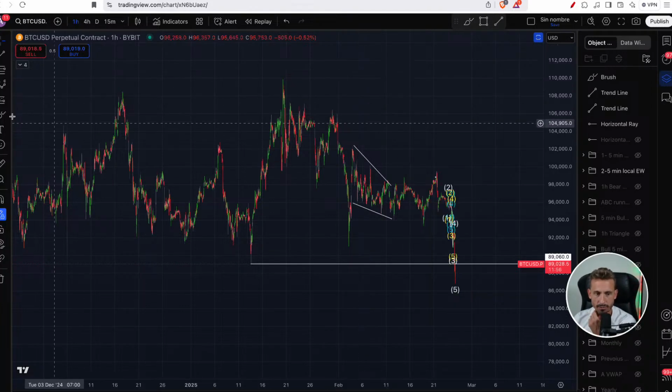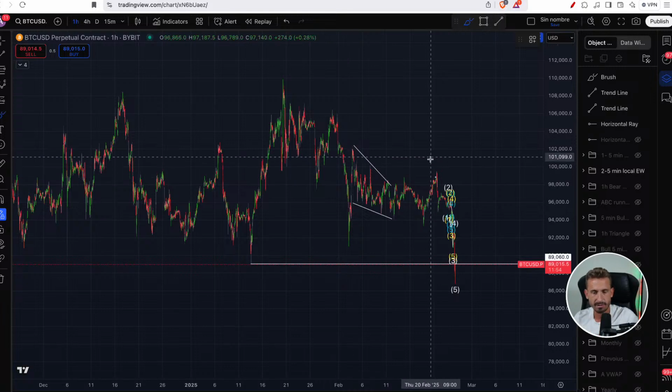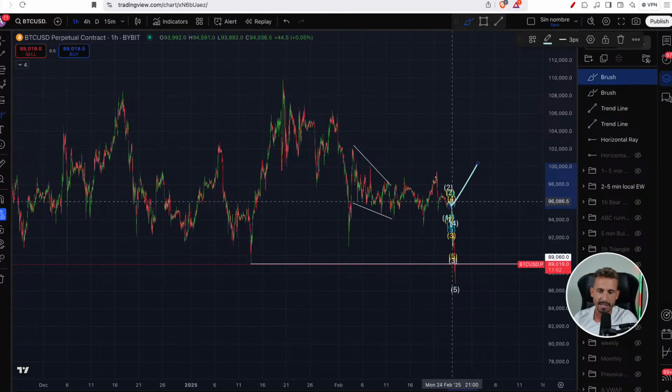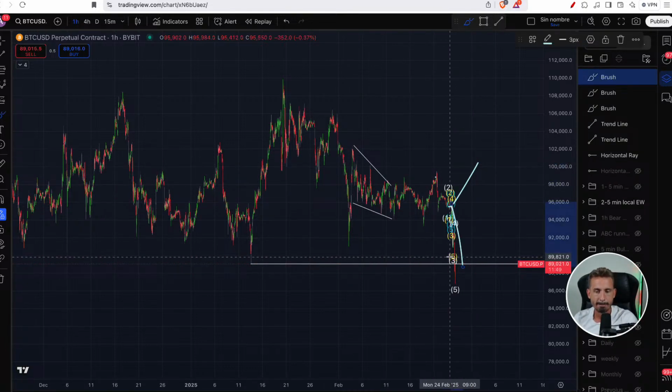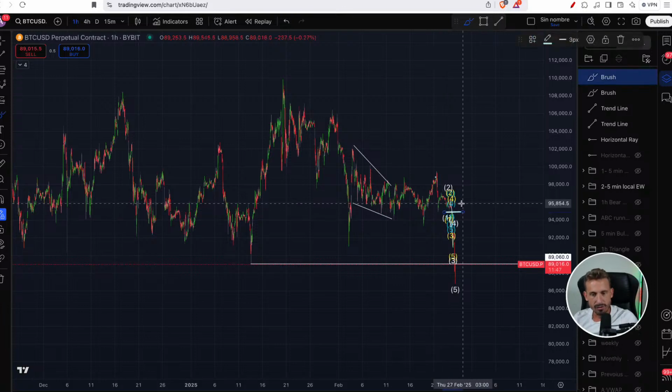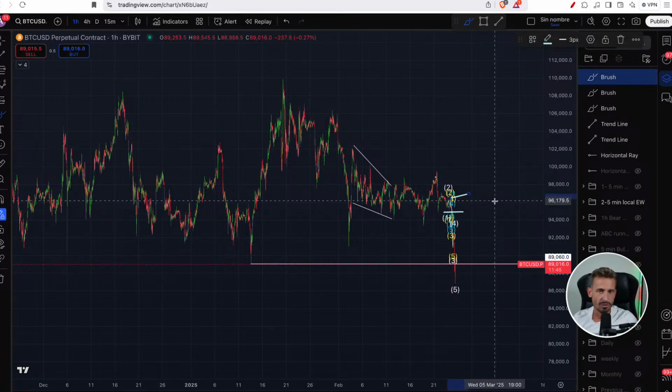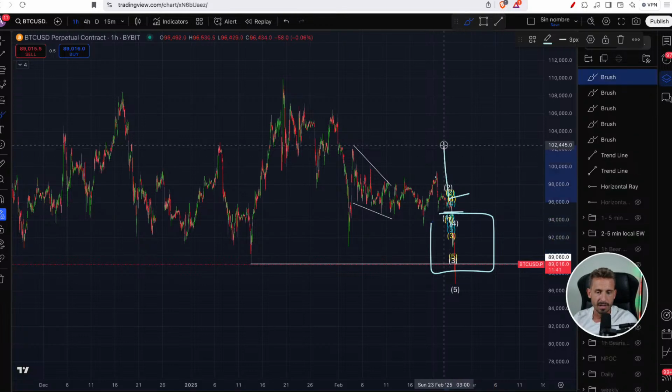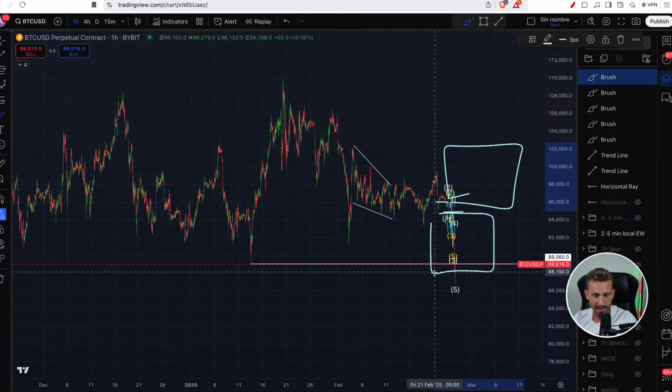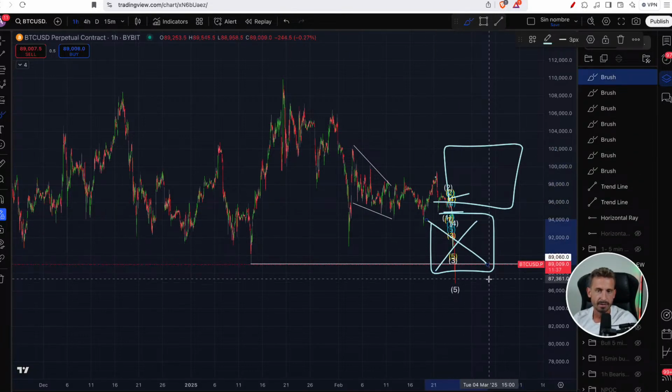People that got this wrong, and eventually we talk about the bullish case and the bearish case. We talk about the levels of interest for the long and the short. Anything that you do outside of that box, if you're on the wrong side of the market, you're going to get wrecked.